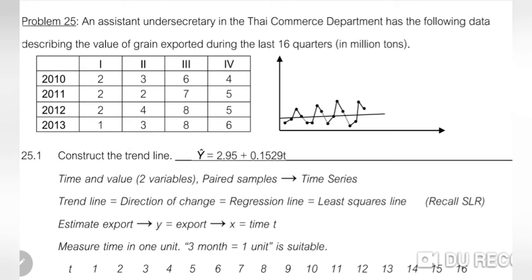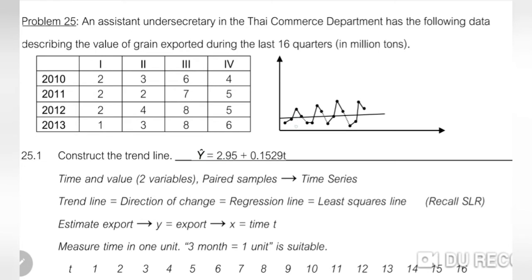This is agricultural grade export. What happens? Then you plot the scatter points and check. In this diagram, you will see for every year, quarter 1 value is lowest, quarter 2 a little up, quarter 3 highest, quarter 4 drops down and stays a little more than quarter 2 value.